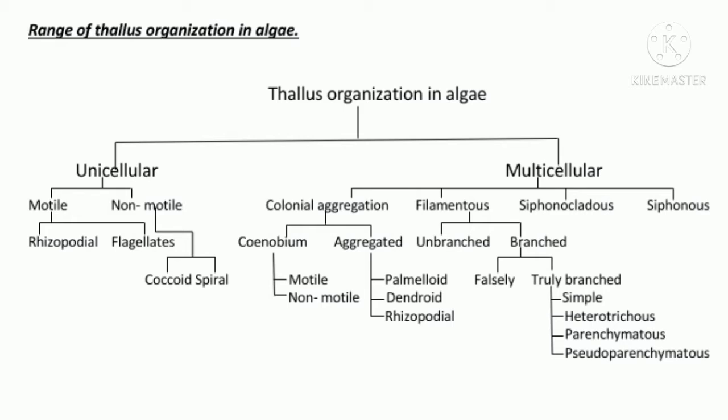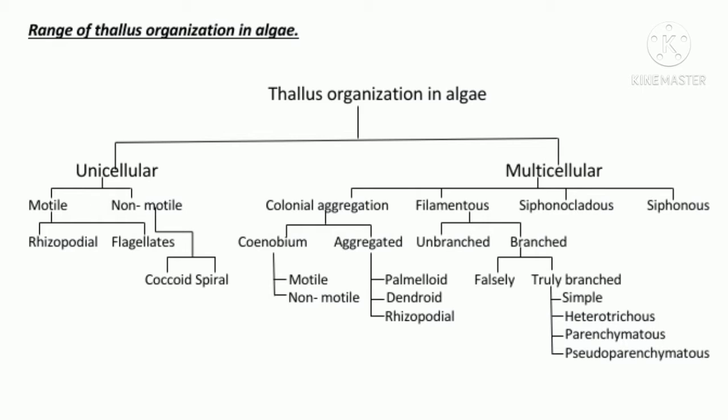1. Motile form of unicellular are cells that can move from one place to another, either through rhizopodial or flagellates. A. In rhizopodial, the cell lacks a rigid cell wall and has a naked protoplast, and contains cytoplasmic projections known as pseudopodia or rhizopodia.